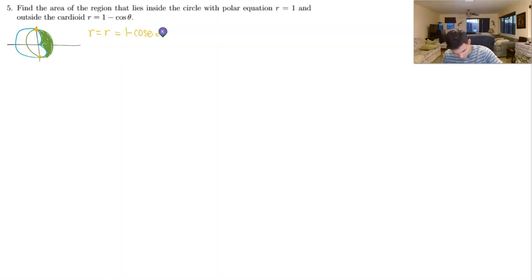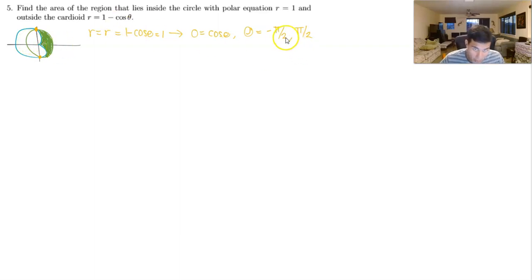Basically 0 is equal to cosine theta. So where is cosine theta equal to 0? Theta is equal to, in this case, negative pi over 2 and pi over 2. That's what satisfies this.